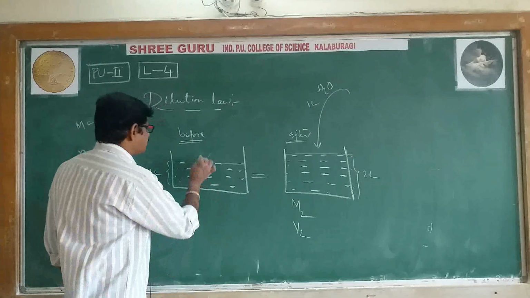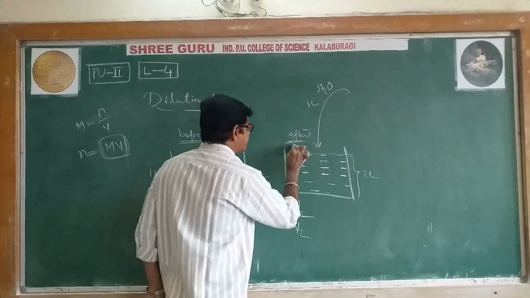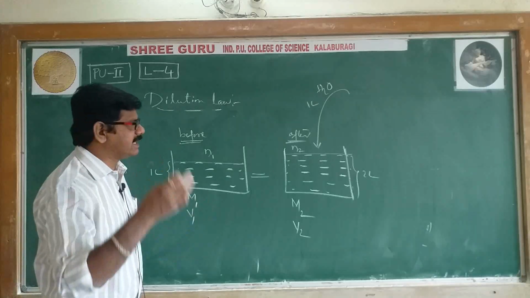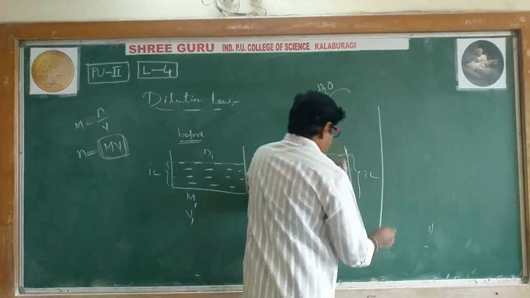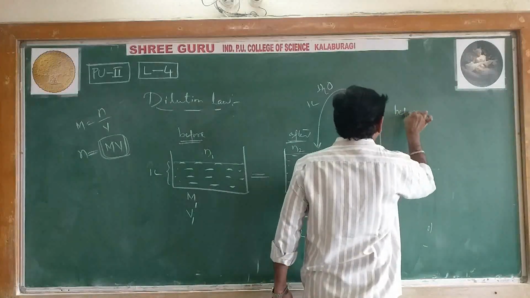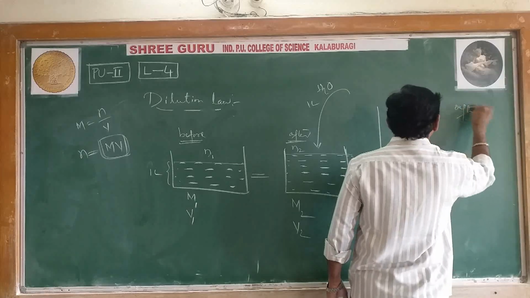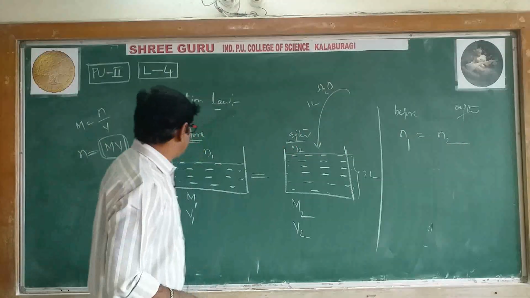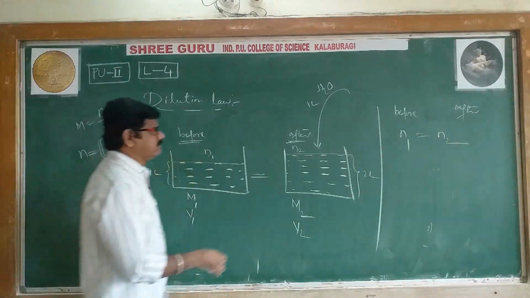That's why suppose before dilution the moles are N1. After dilution the moles are N2. Okay? Before dilution, after dilution, moles are the same. Therefore, N1 equals N2. What is the formula now? N equals MV. N1 equals M1 V1.